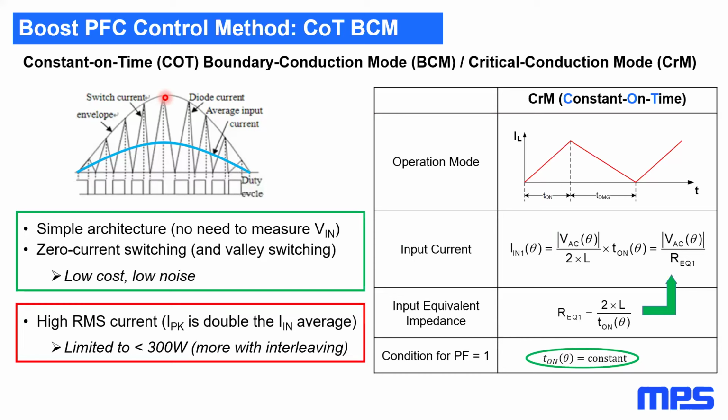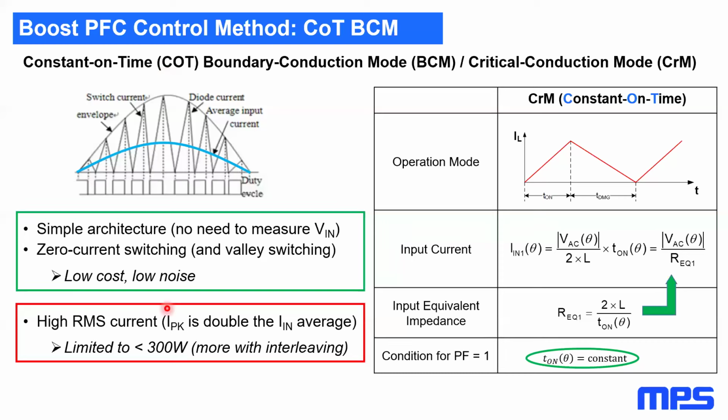Above that, it starts to be a lot of losses created by this current. Also, the higher the peak current, the higher the di over dt, and this also creates some issues in EMI, for example.